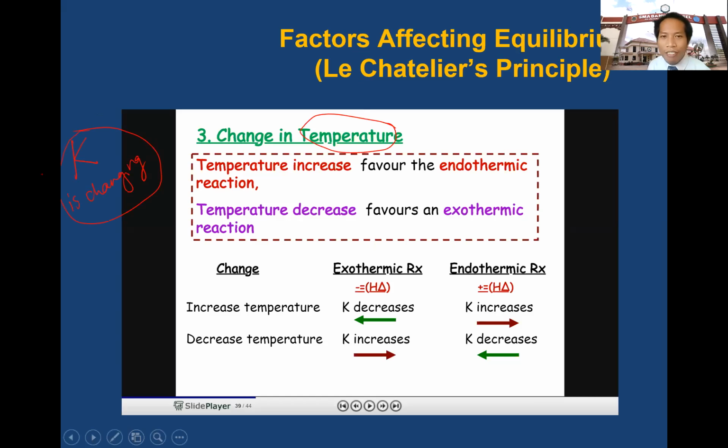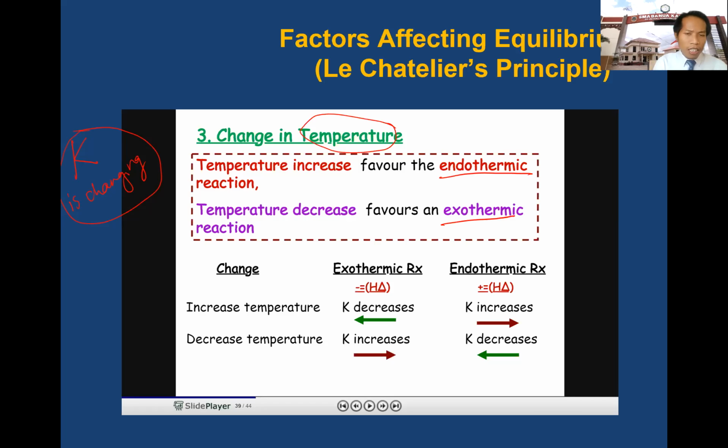So you will have a different K value. And also, when talking about temperature, you have to consider endothermic and exothermic reactions. You have to see whether the reaction is endothermic or exothermic, so it will also change the effect.